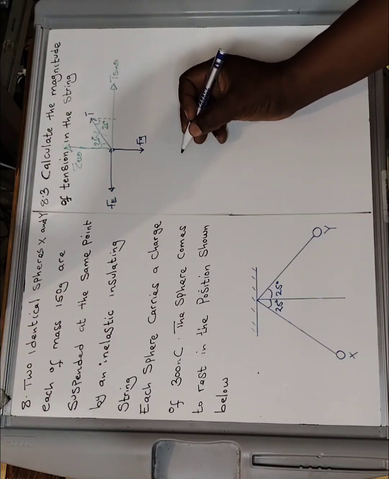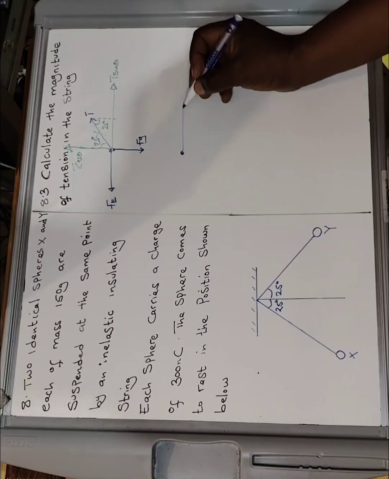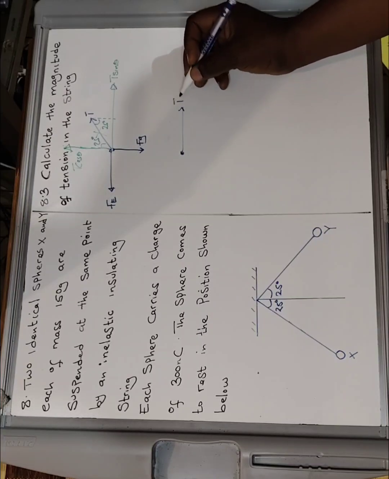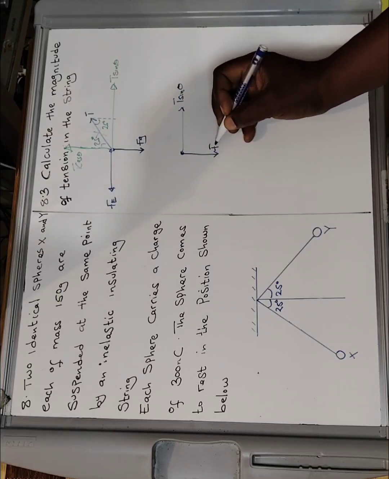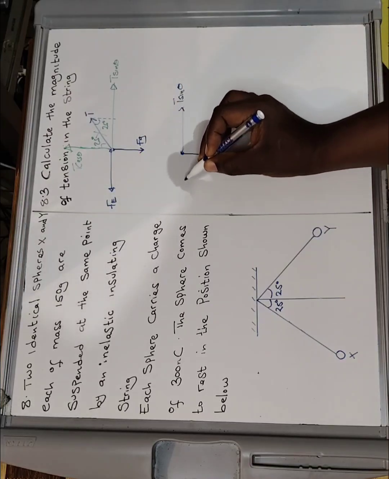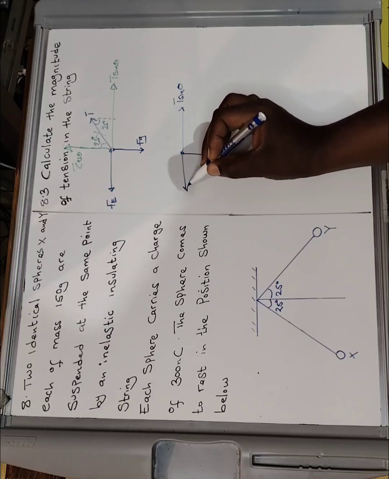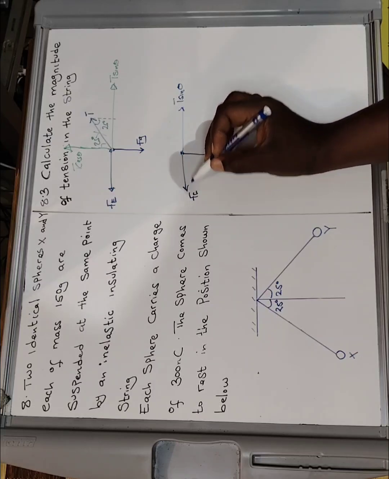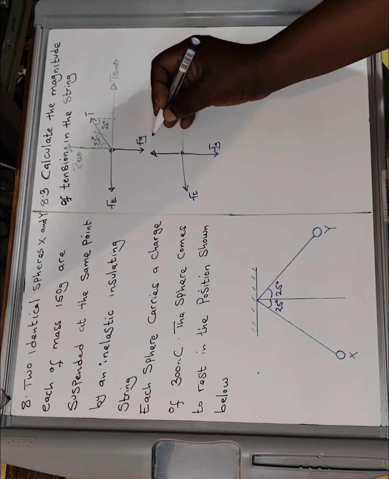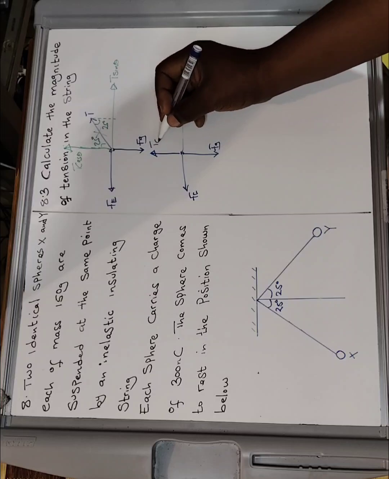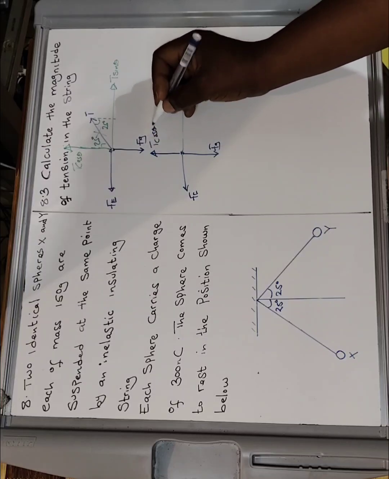When you draw, you have this component, which is T sine theta, this component, which is Fg, this component, which is Fe, and this component, which is T cos theta.